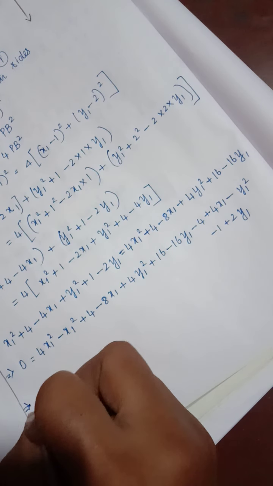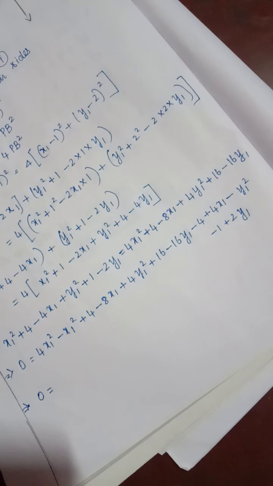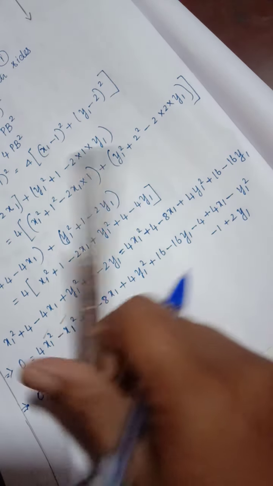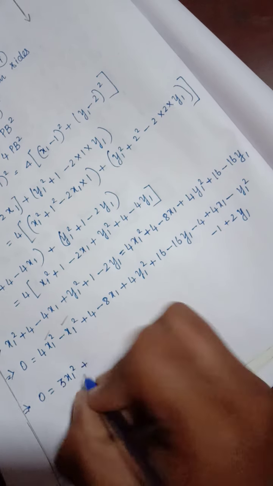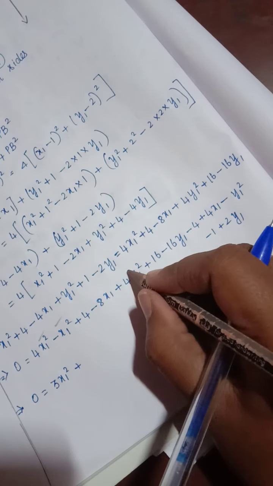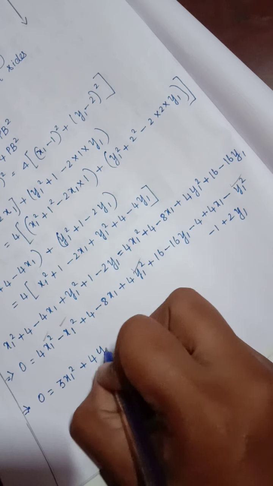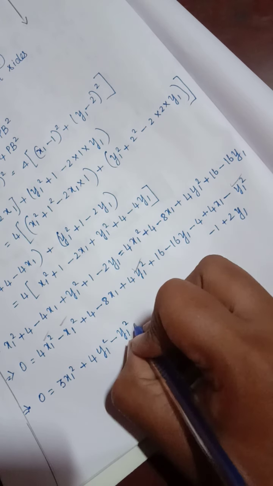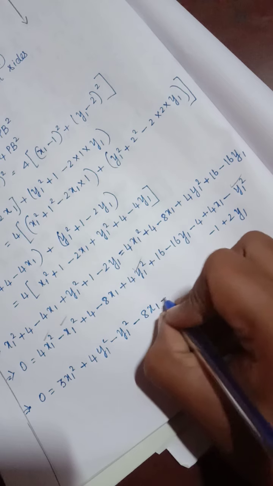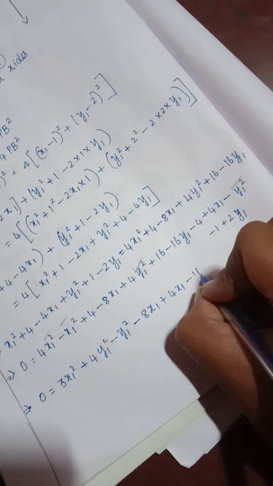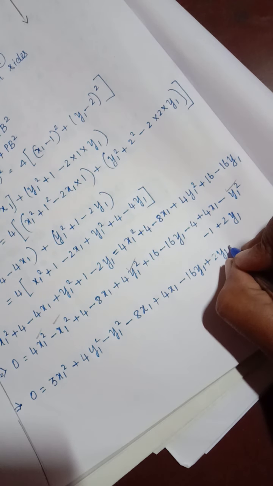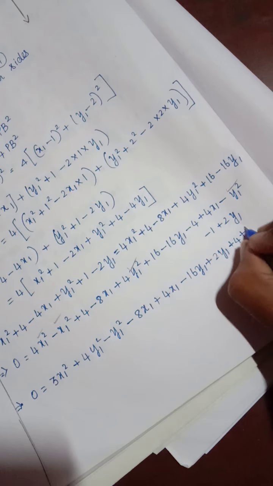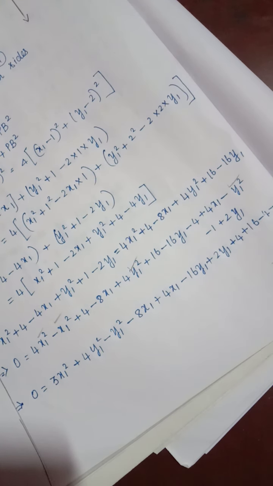So 0 equals, these two terms of x1 square give 3x1 square, then 4y1 square minus y1 square, then minus 8x1 plus 4x1, then minus 16y1 plus 2y1, then plus 4, plus 16 minus 4, then minus 1.